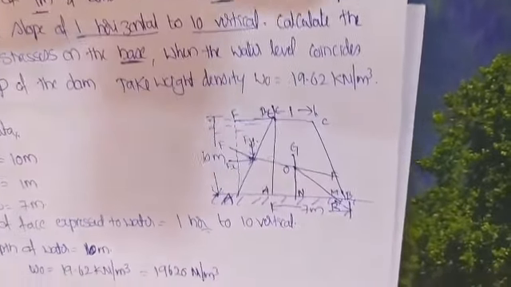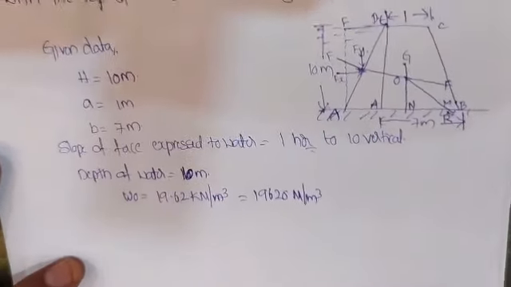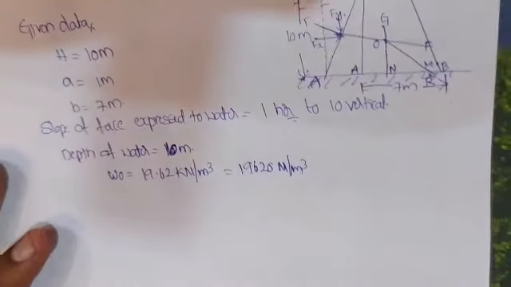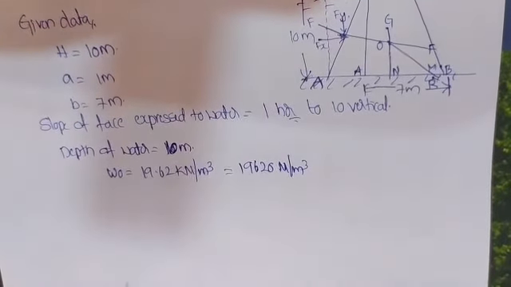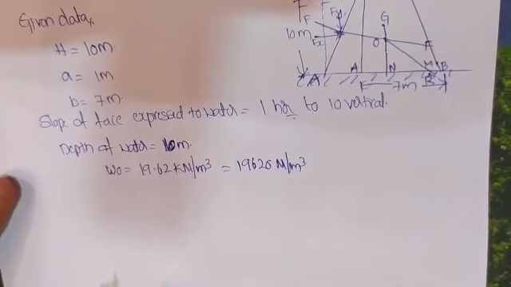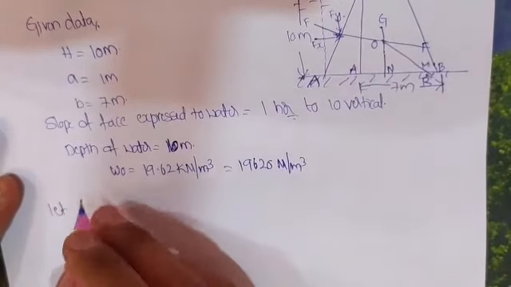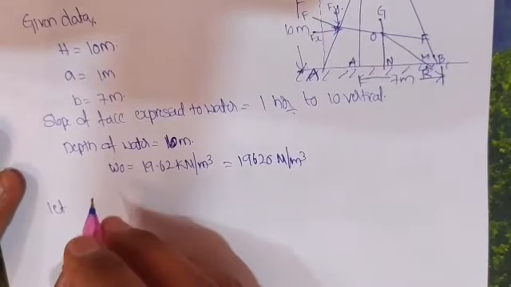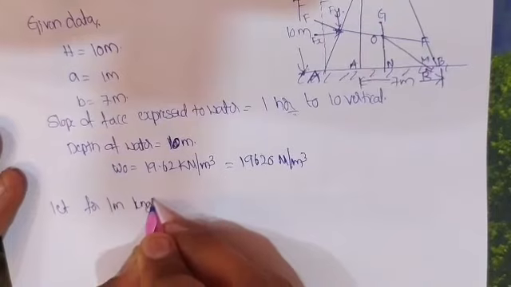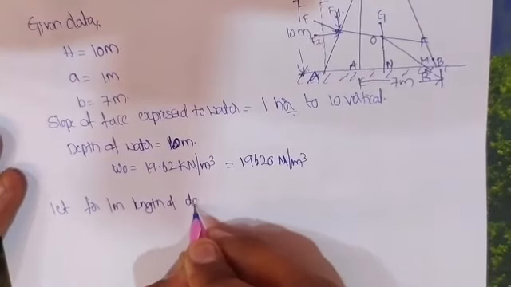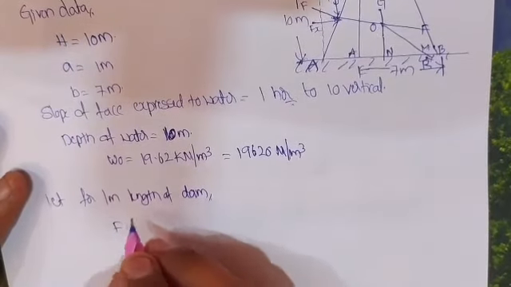So this is the figure, and from this now we have to find out the values of sigma max and sigma minimum. For any type of problem, first we have to find out for 1 meter length of the dam. So for 1 meter length of dam, first we have to find out the value of Fx.